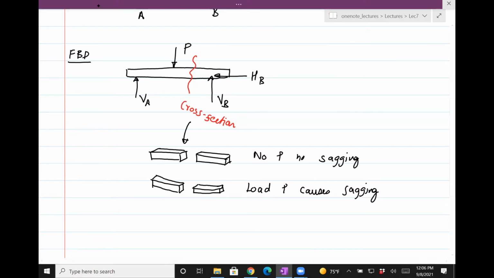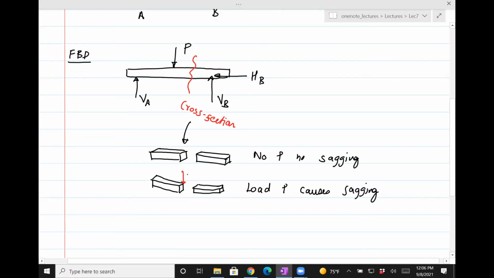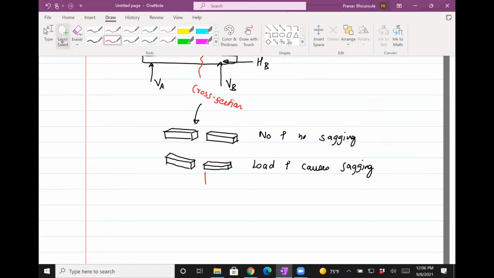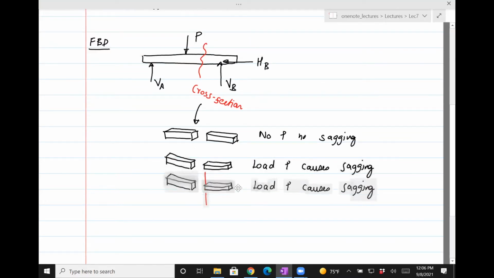So what will happen is that load P will cause a force which will manifest itself over here. So that force, which is not P, but a different force, okay, let me call that force V, and this is V2. Note how I drew V. I drew V downwards on the left side, upwards on the right side.